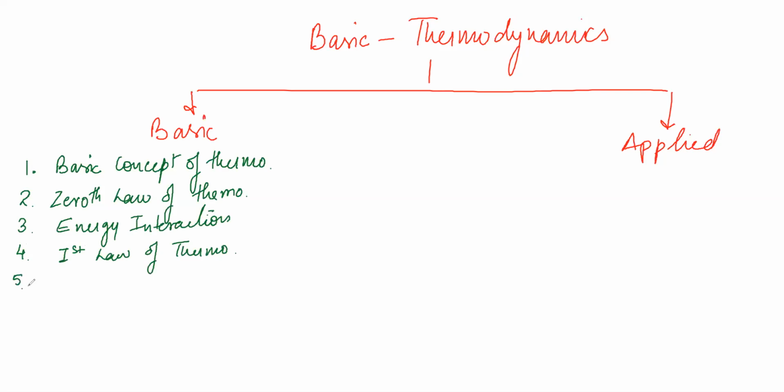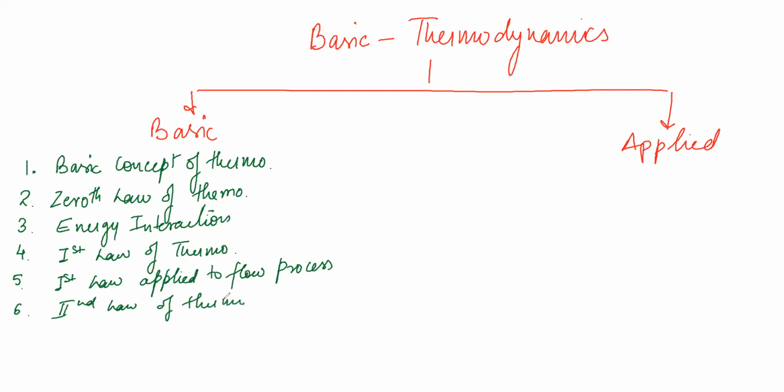The next one is your first law applied to flow process, right? First law applied to flow process. Now, the next chapter that we'll study is your second law of thermodynamics.